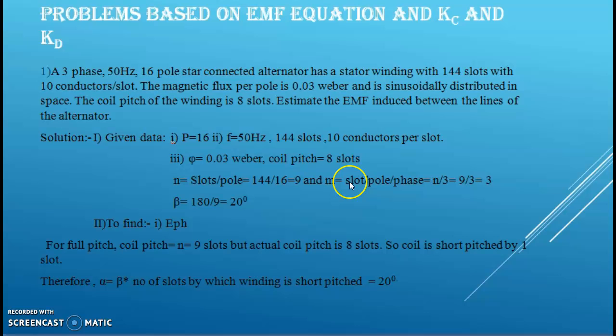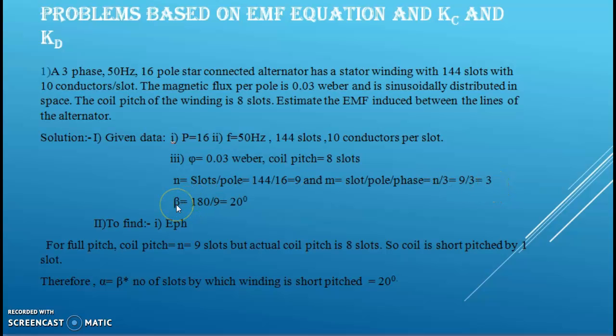Then m is slots per pole per phase. Slots per pole, that is n, which we got as 9, per phase. Here we have a 3-phase winding, R, Y and B phase. So n by 3, 9 by 3. So m is 3.